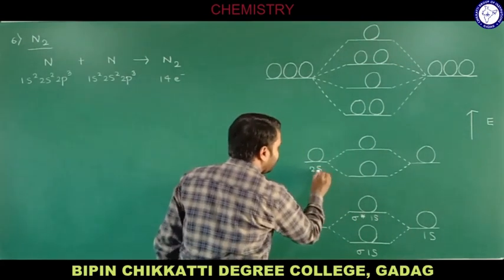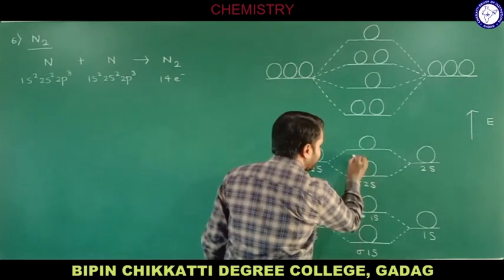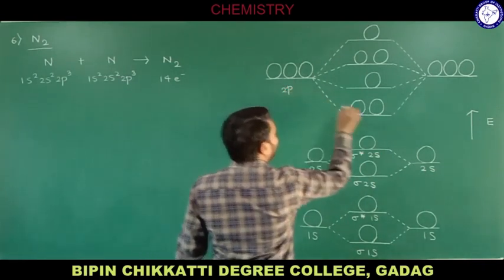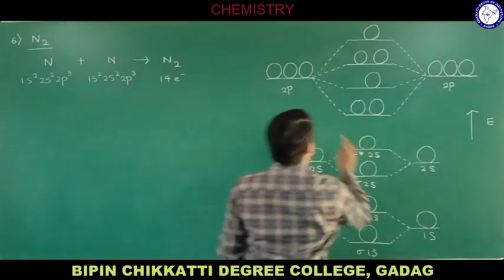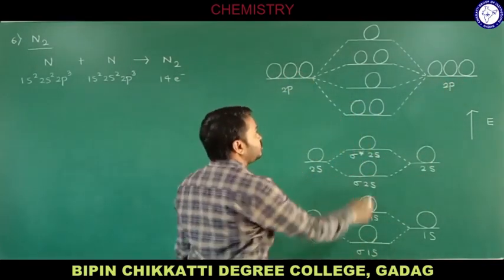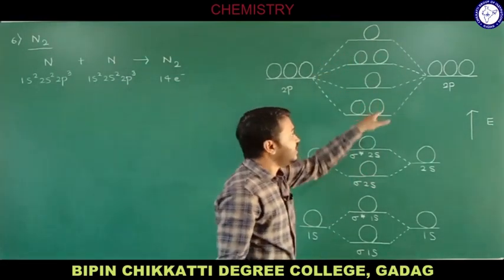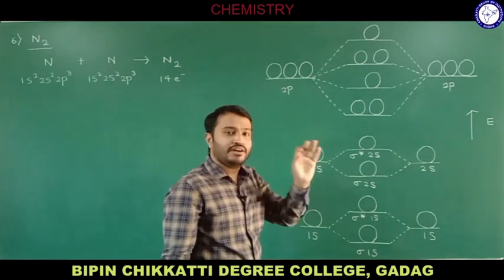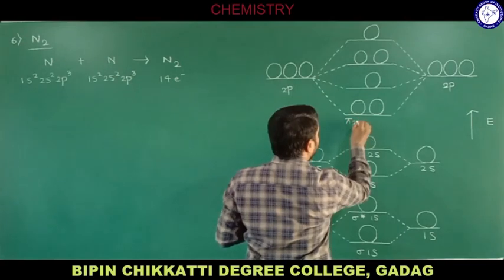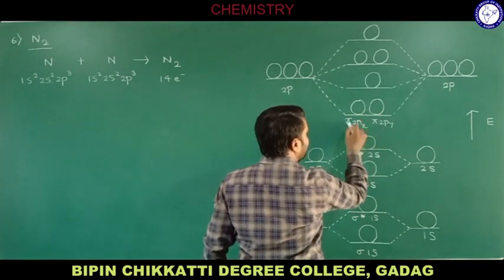The second one will be the 2s atomic orbital, sigma 2s we get here, and this will be sigma star 2s. This is for the 2p and this is for the 2p. So px, py, pz actually, and this is also px, py, pz. So 3 BMO we have and 3 ABMO we have. Out of these 3, 1 will be sigma and 2 will be pi. So these are pi 2px and pi 2py.